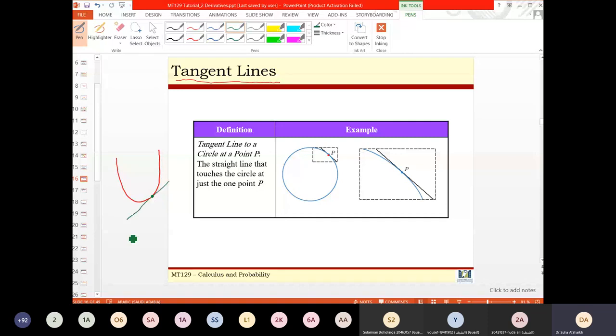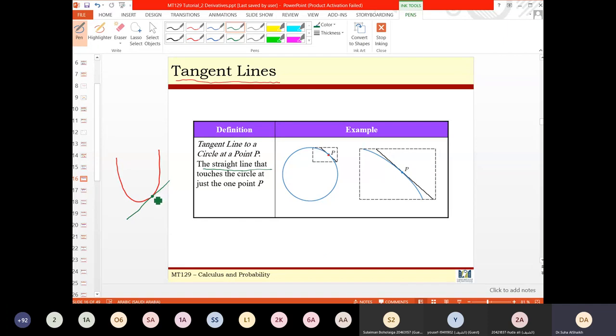So the straight line that touches the circle, for example, is what we call the tangent line. In general, for a curve, the line that touches at a certain point is what we call the tangent line, خط المماس.